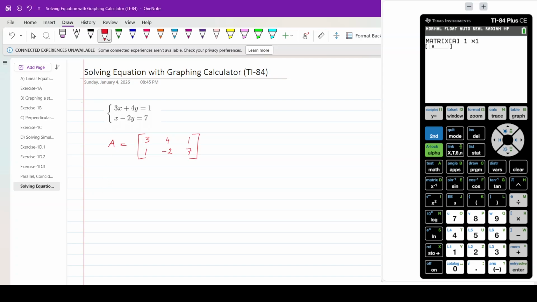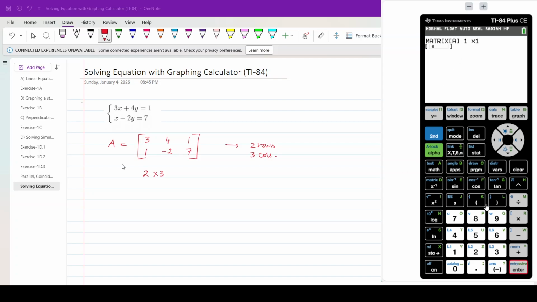Now we also know that there are two rows and 3 columns. So what is the dimension of this matrix? The dimension of this matrix is 2 cross 3. Now we need to put all these values.